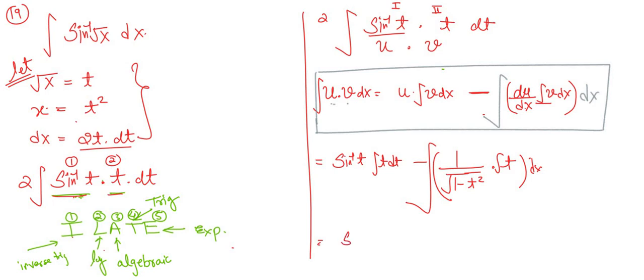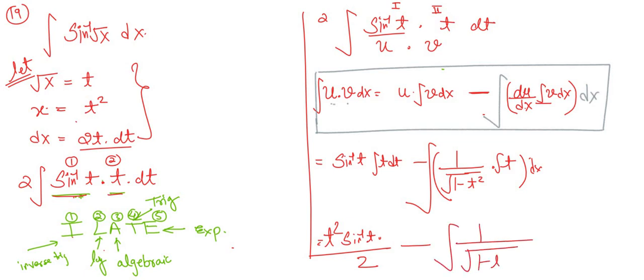So let me write sine inverse t, integration of t is t square by 2, minus 1 by under root of 1 minus t square. And what is the integration of this? T square by 2 dt.